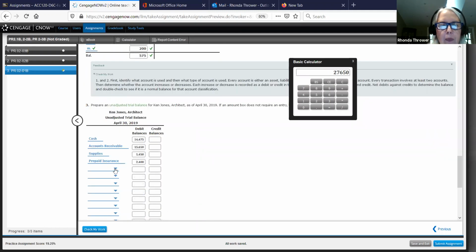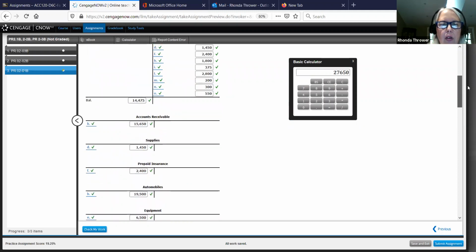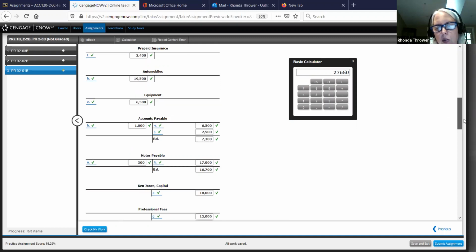You're just copying from the information above. Automobile is an asset account. It cost us $19,500. And so we just copied it to the unadjusted trial balance. Equipment is $6,500.